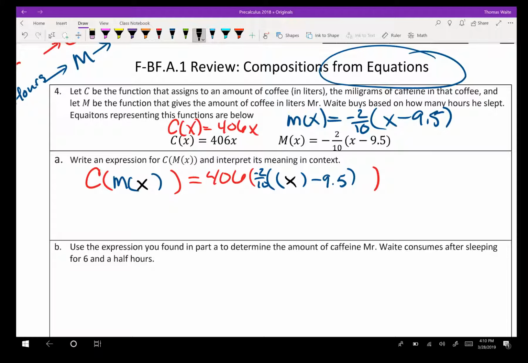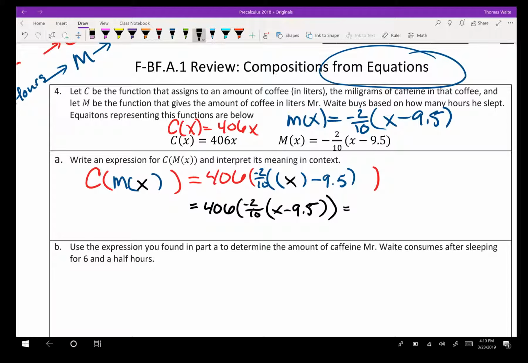Now maybe we could rewrite this expression a little bit, just so there's fewer parentheses. 406 times negative 2 over 10 times x minus 9.5. If I don't like this fraction, let's just handle it and multiply.